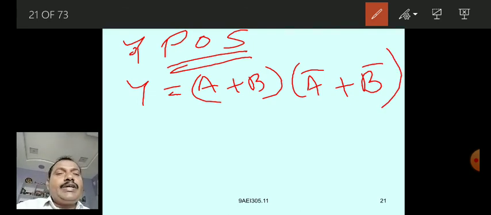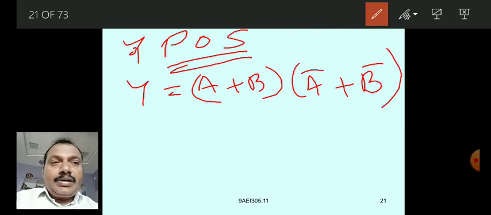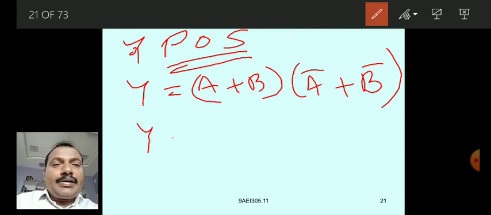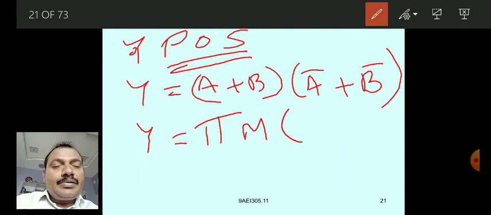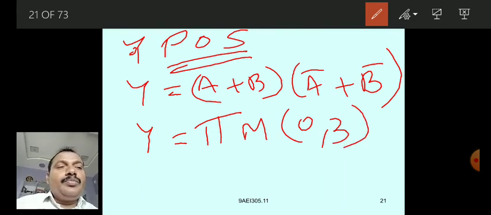So this is the POS expression. Another way also you can write this: pi capital M in the brackets 0 comma 3. So in both the ways, this is the way of writing SOP and POS expressions for a given truth table.